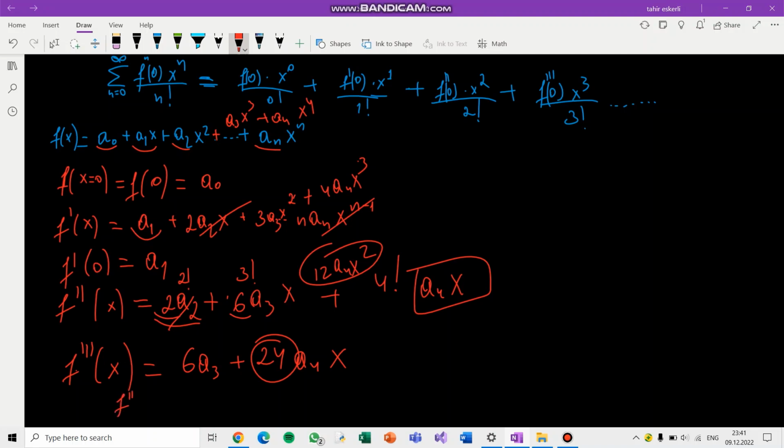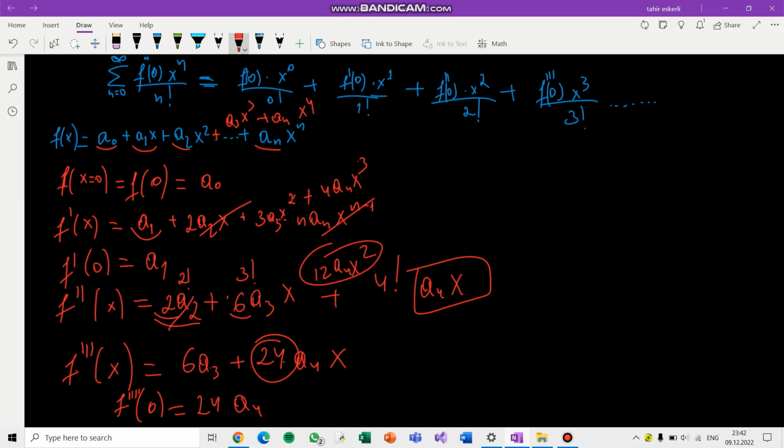For example, f triple dash 0 will be equal to 6a3, and for the fourth order, it will be equal to 24a4, and it will continue the same way for other order derivatives.